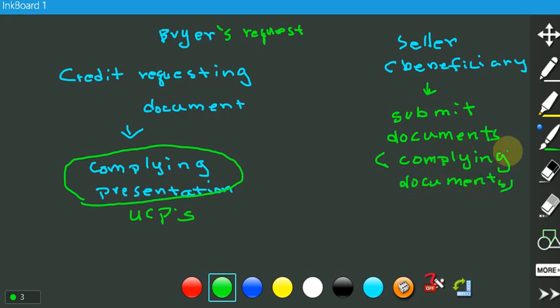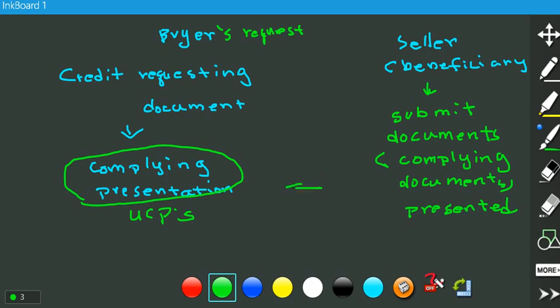Once this complying document is presented, this document should be identical to the requested document.